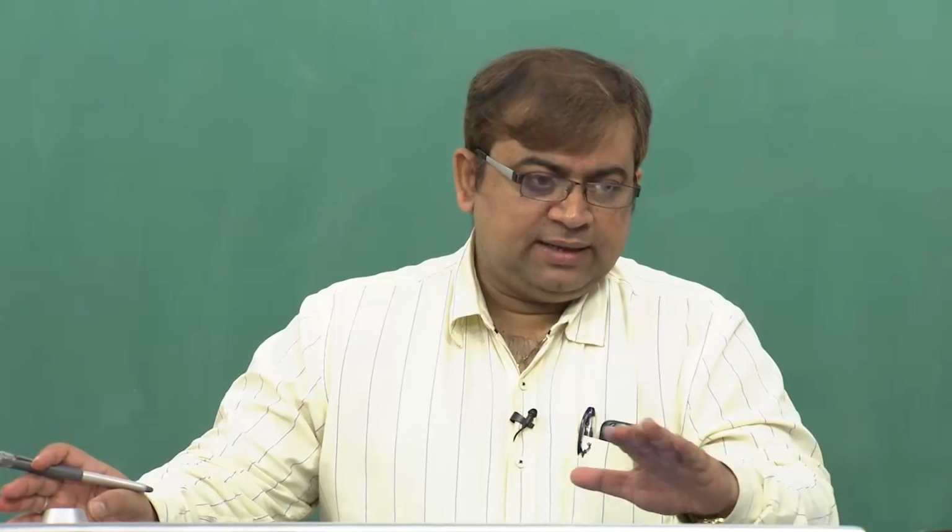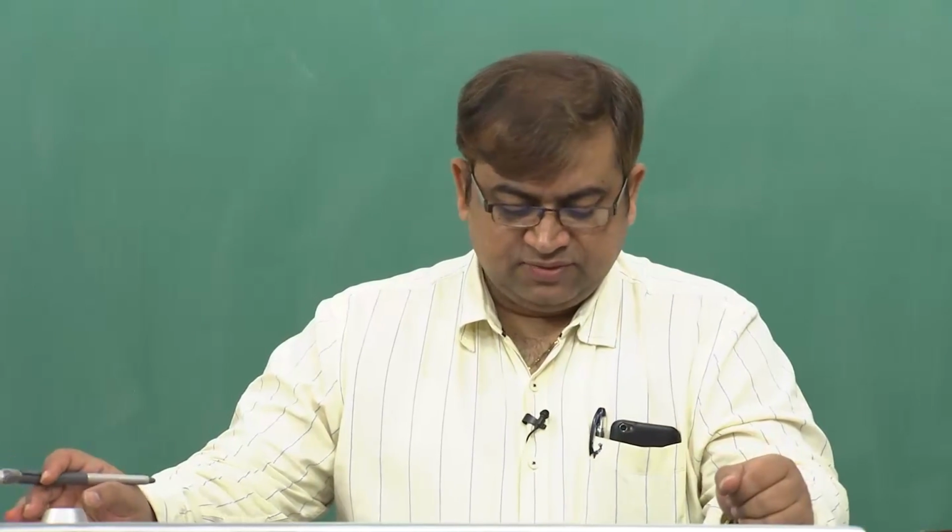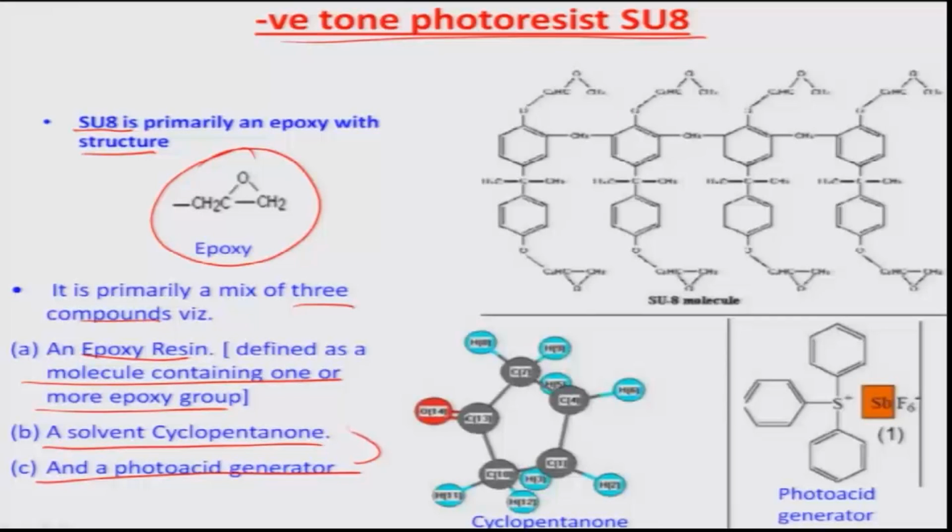There is something which needs to provide the fluidity so that there is an overall coverage of the resist on the surface, and then there is a photoacid generator which is mixed into this epoxy resin and the cyclopentanone, the solvent.